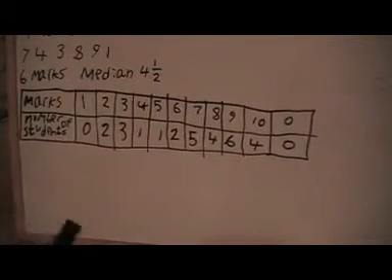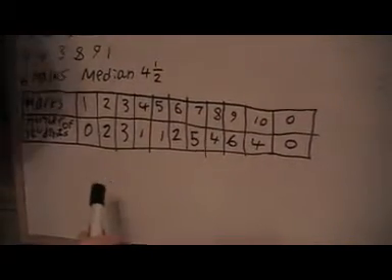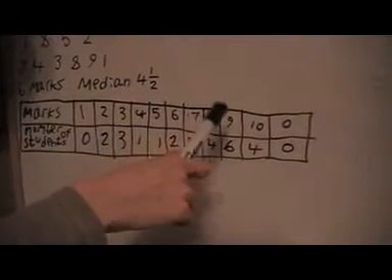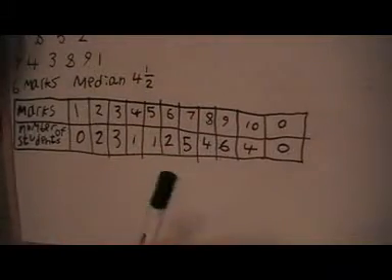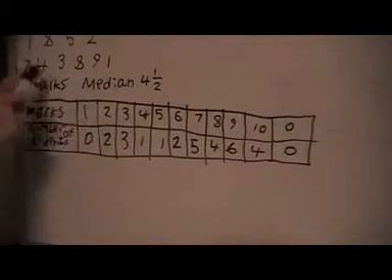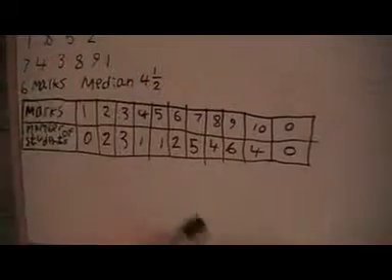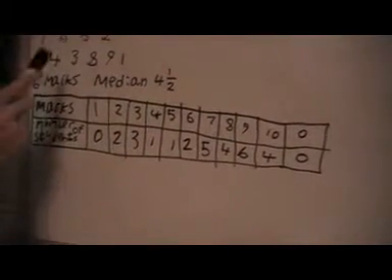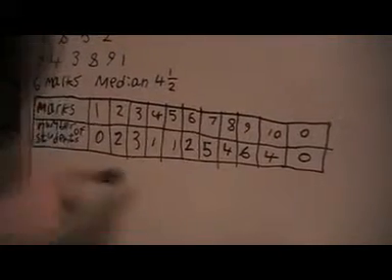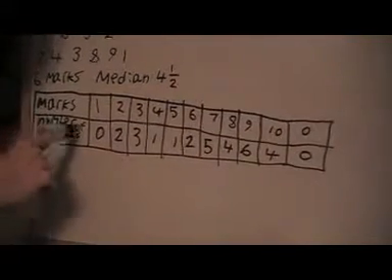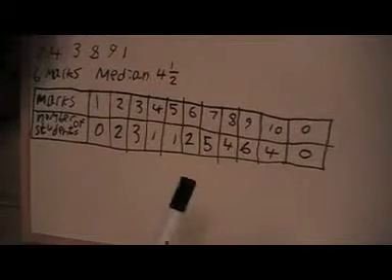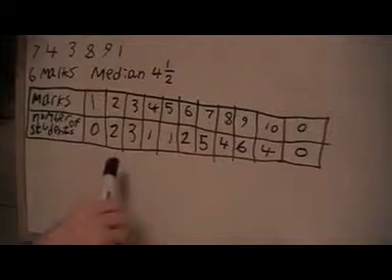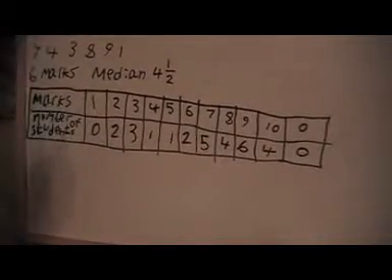Last thing I want to do is show you how we can work out the median from a table here, which is a bit different from using a list of numbers like this. So here we've got marks, and then at the bottom we've got the number of students. The easiest method for this is to add up the numbers on the bottom.